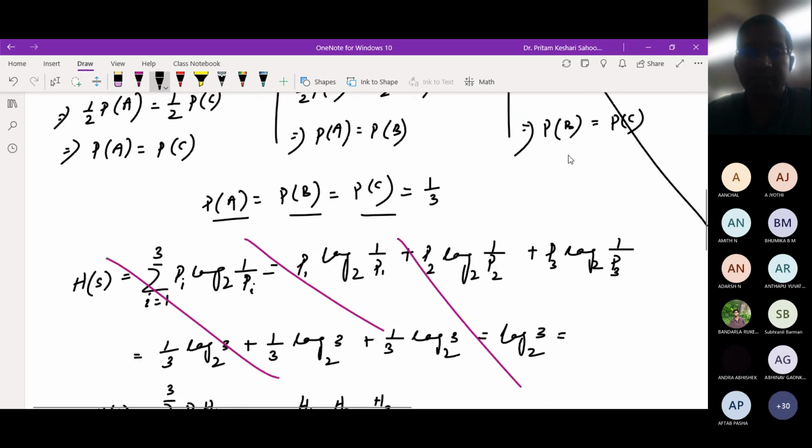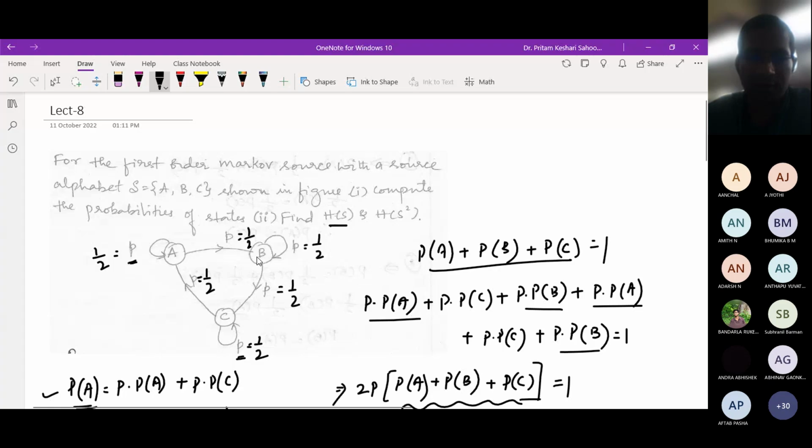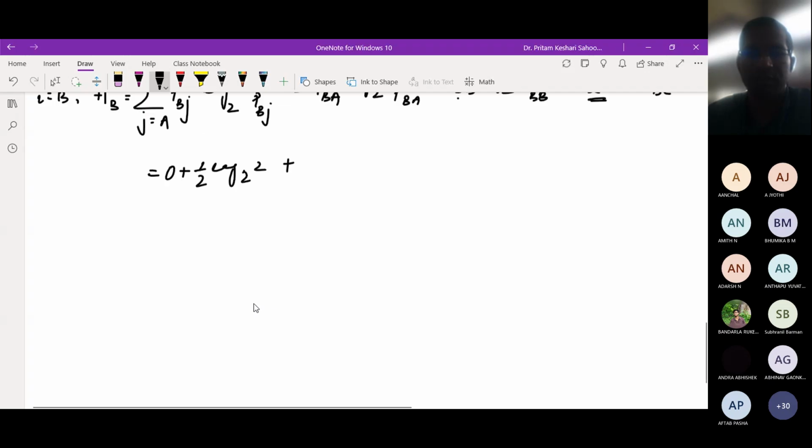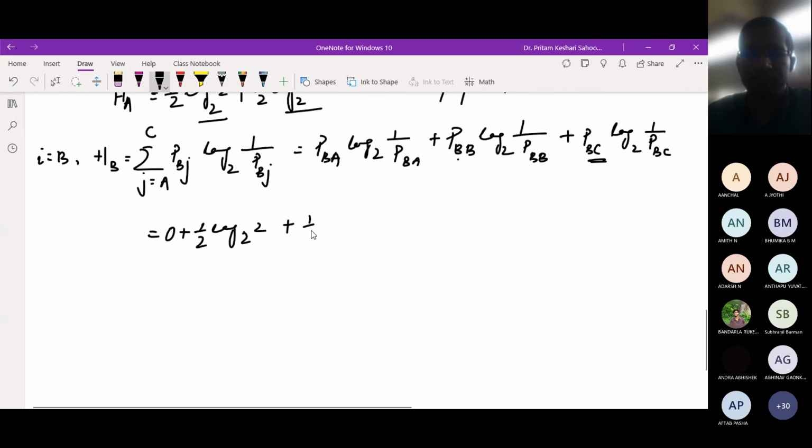Let us see whether it depends or not. Yes, state B depends on state C with a probability 1 by 2. So we can put here the value as 1 by 2 log base 2. So this will become again 1. So 1 bit per symbol.